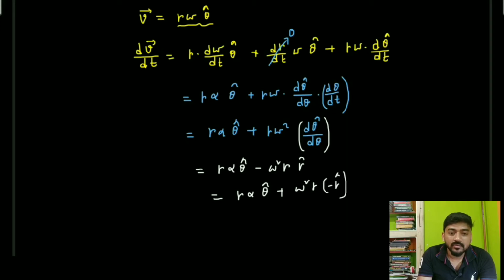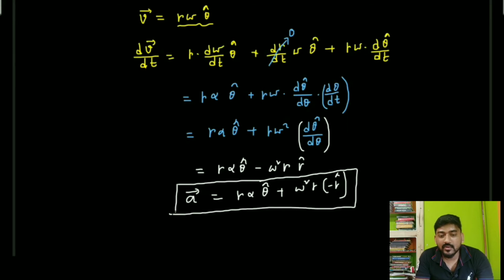This gives you the net acceleration A. From this relation, this acceleration has two components: one along theta cap and another along minus r cap. Minus r cap means along the origin, that is along the center, and that's why it is called centripetal acceleration.